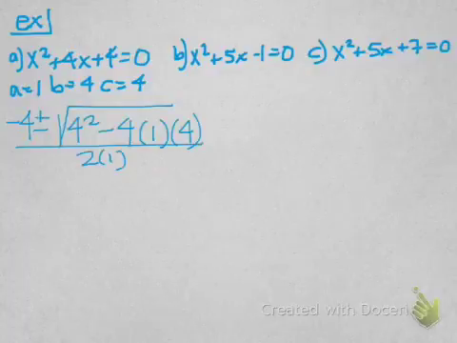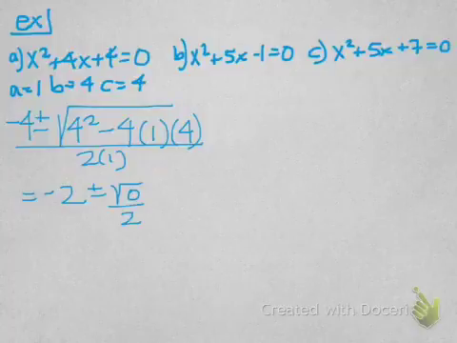Opposite of b, plus or minus the square root of b squared minus 4 times a times c all over 2a. So when we simplify this, negative 4 divided by 2 is negative 2, and then 4 squared minus 4 times 4 is going to be 0, and that's all over 2. We'll come back to that in just a minute.